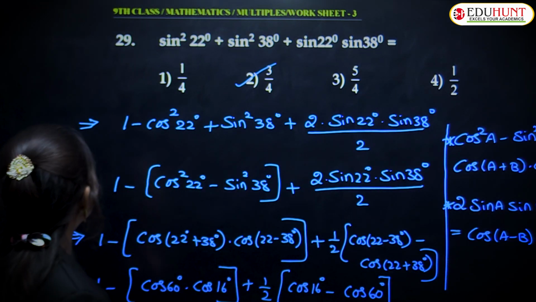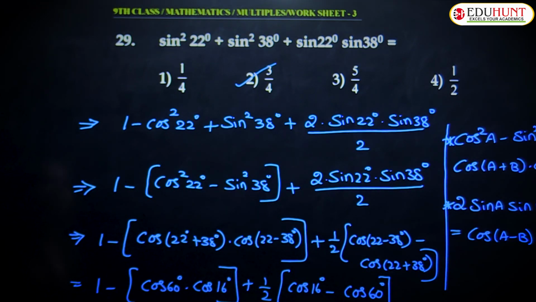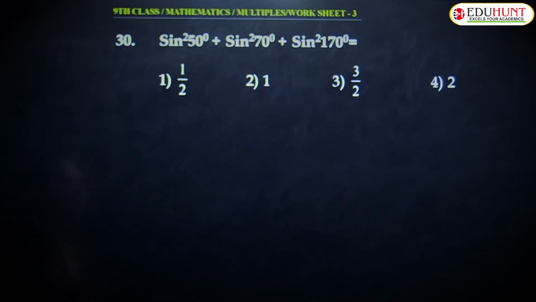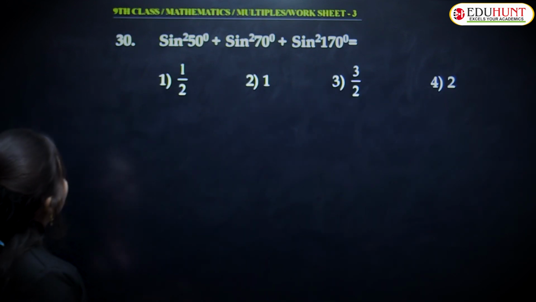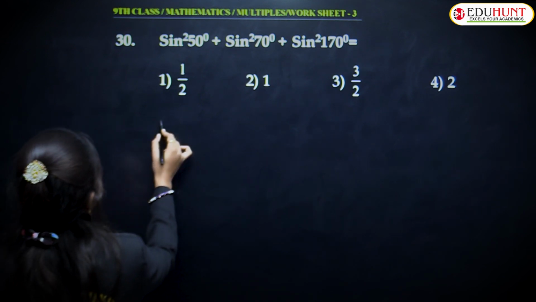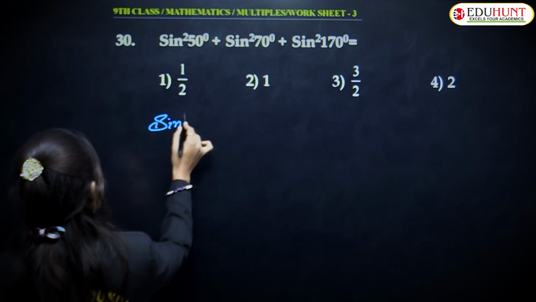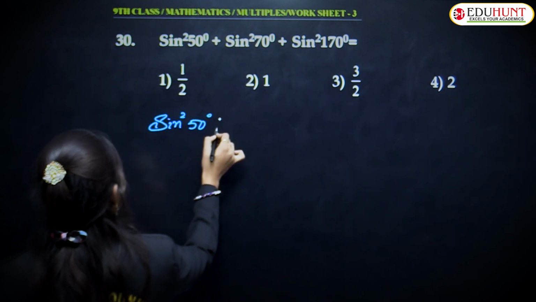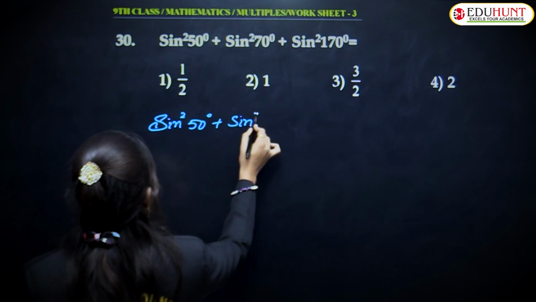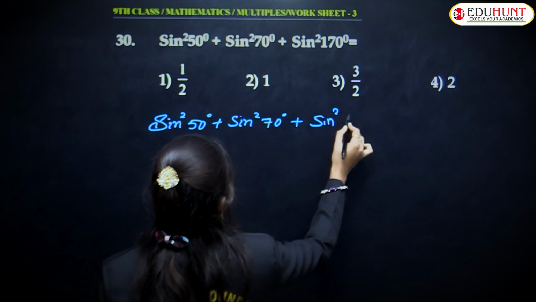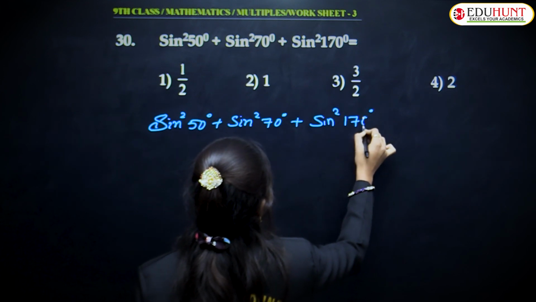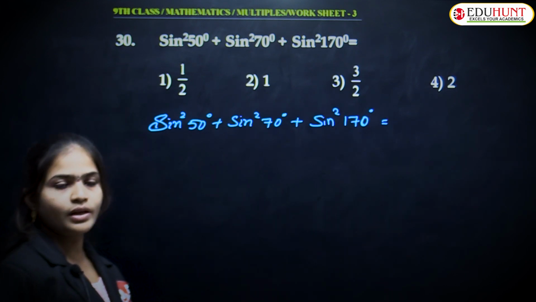Okay, now see the last question. Last but not least, the last question, the 30th one. What is that? Sine square 50 degrees plus sine square 70 degrees plus sine square 170 degrees, we need to find the value.